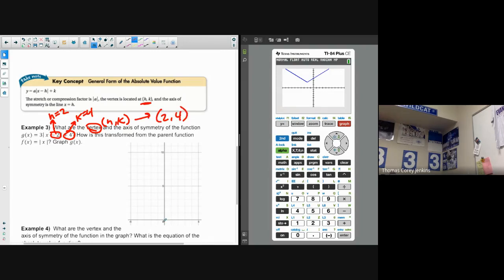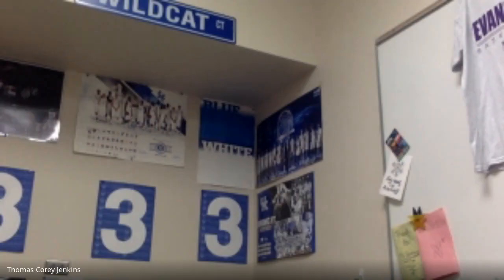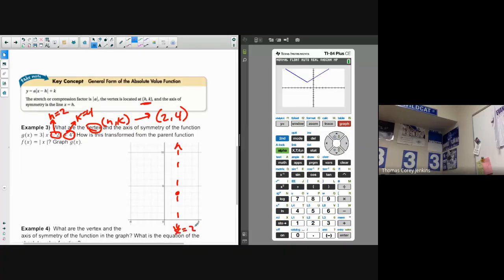So I'm going to go ahead and graph that, 2, comma 4. I also know that, based on what we've said, that my axis of symmetry is the vertical line, x equals 2. All right, without graphing really anything, okay?